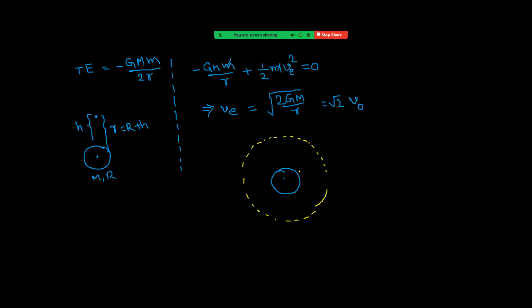So now this body has to cross that boundary. If it is just able to cross that boundary, that means on reaching this boundary, its velocity is equal to zero. So we are taking its velocity equal to zero just after crossing the boundary.